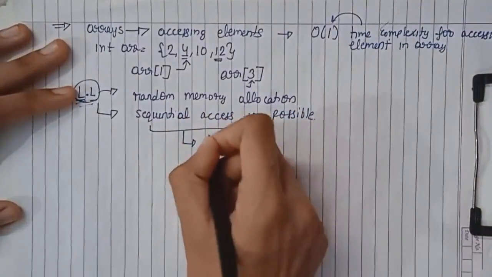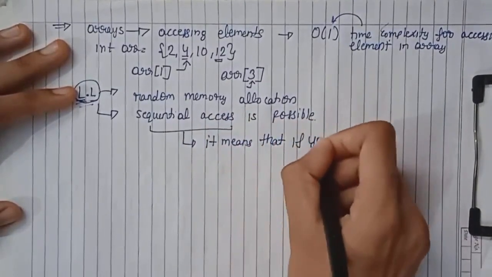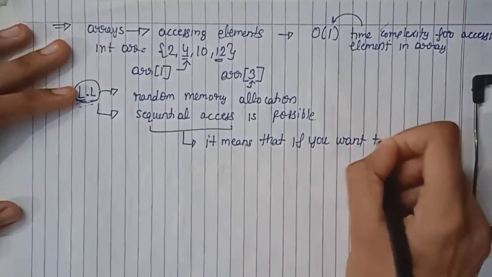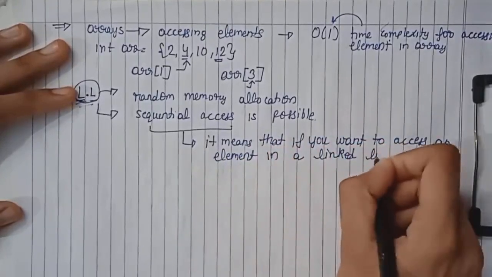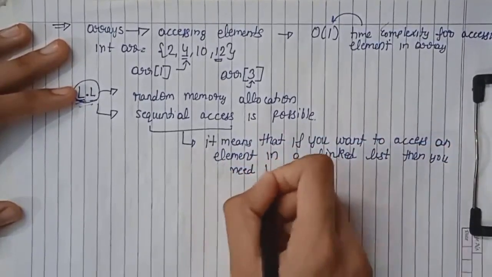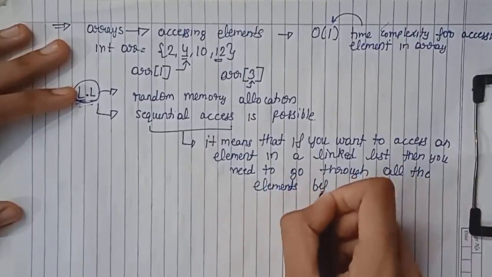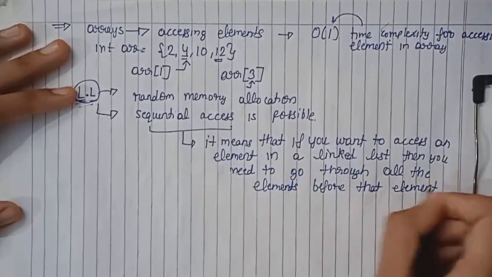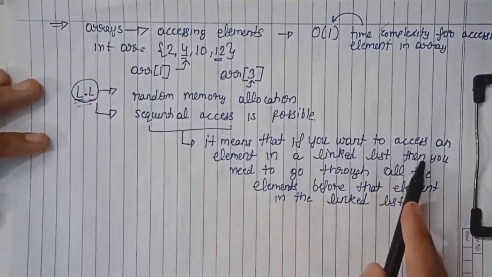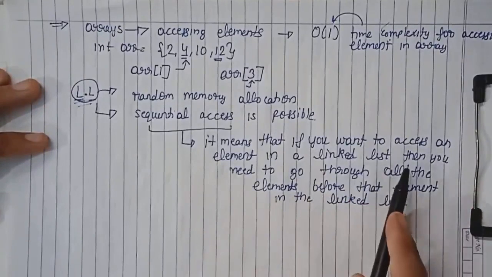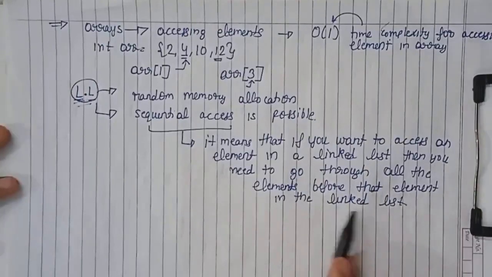What I just said means that if you want to access any element in the linked list, then first you need to go through all the elements present before that element in the linked list.